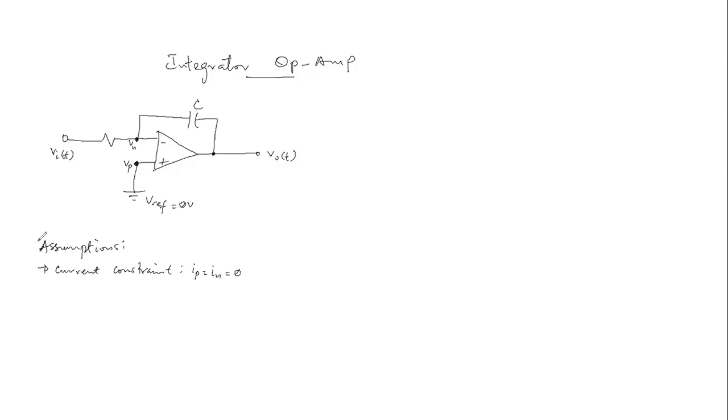meaning that no current flows through the terminals of the op amp. So that is I sub N is equal to 0, and the current through this terminal, I sub P, is equal to 0. Okay?